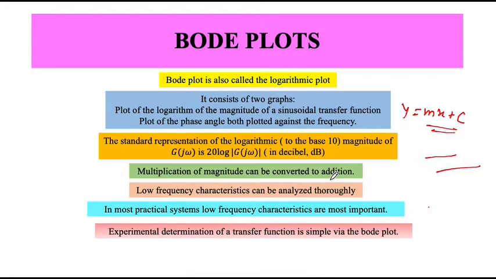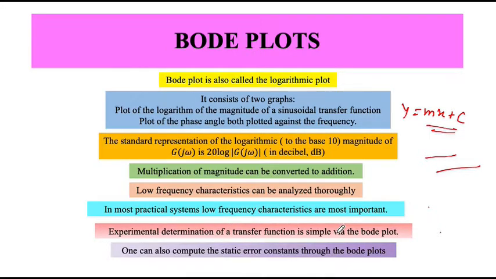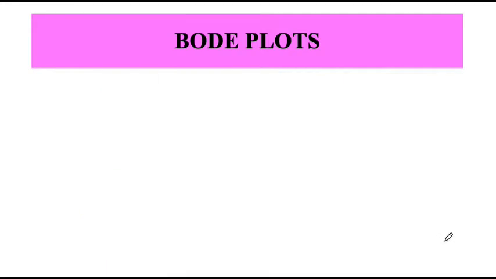Earlier I said that I will cover the experimental determination of the transfer function as a part of this lecture. Interestingly, it is very easy to get the static error constants through the Bode plot. The Bode plot is easier to plot than Nyquist diagrams.